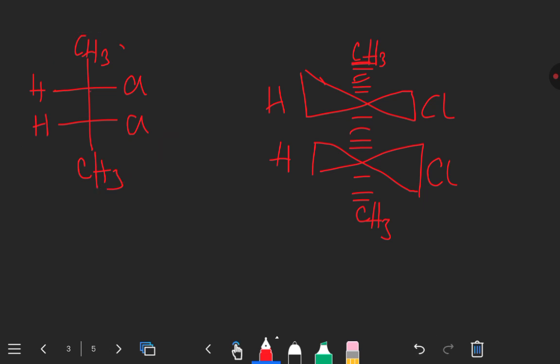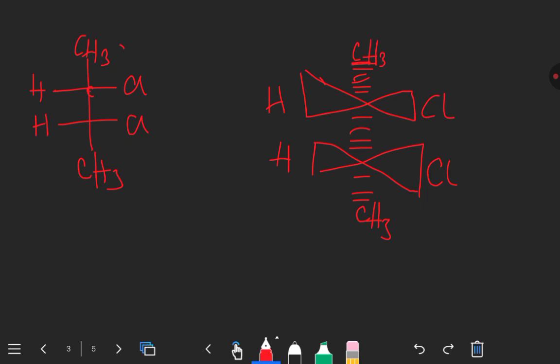We consider this carbon here, which is bonded to a chlorine, a hydrogen, and also a methyl. We assign 1 to the group with the highest priority, considering the atoms directly linked to this carbon and not the entire molecule.